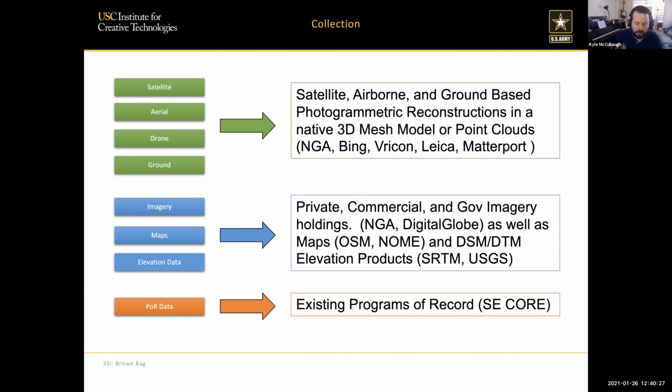Any one of these sources has its pros and cons. There's limitations with everything, but as you start to fuse all of these things and pull the best of class information from these sources, you can wind up with something that's going to be very valuable as you push it through the pipeline.